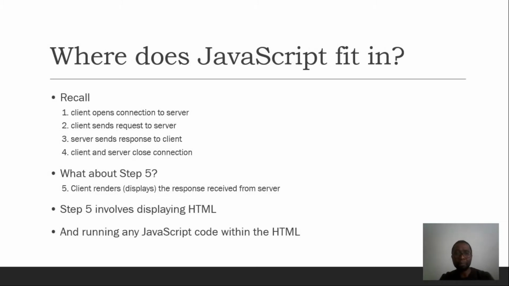Now, if you recall, during our introductory classes, we illustrated how the client and the server communicate. Where does JavaScript fit in that description? You recall that the client opens a connection to the server, then sends a request to the server.